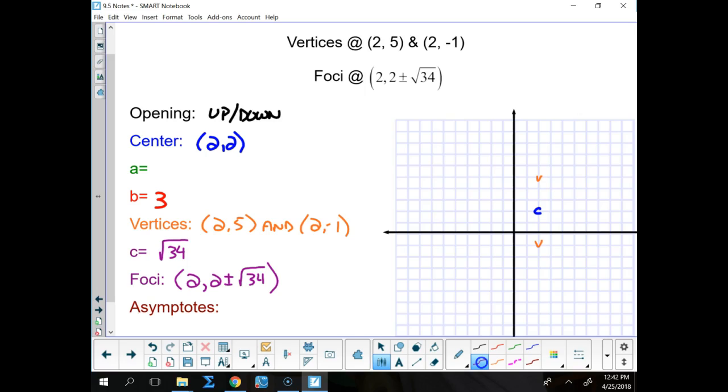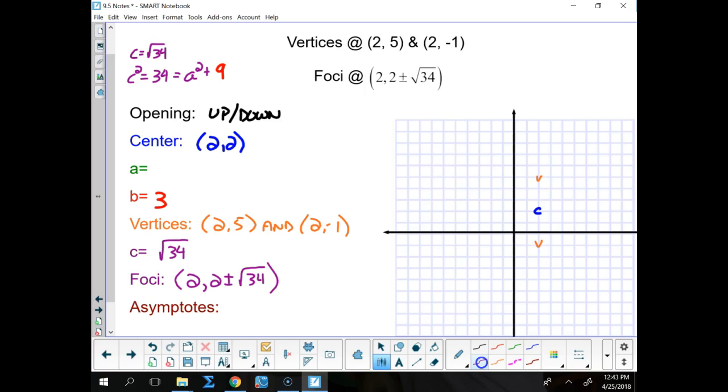So if C is the square root of 34, that means that C squared is 34, and that would be equal to A squared plus 9.